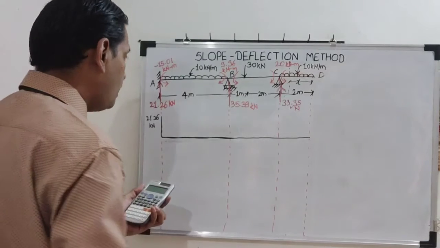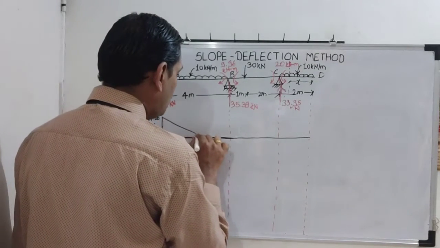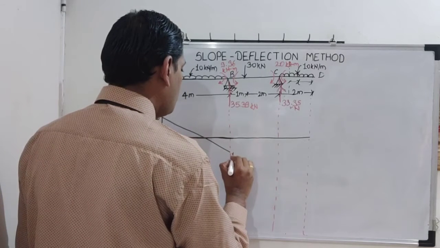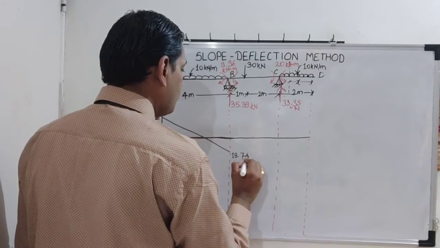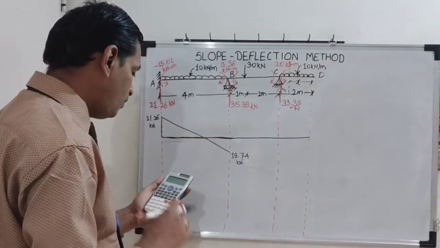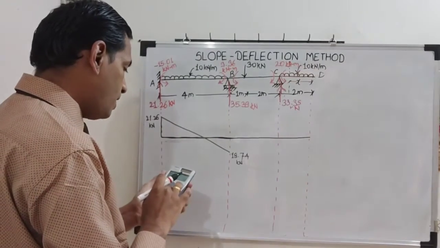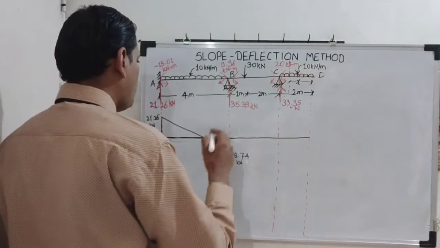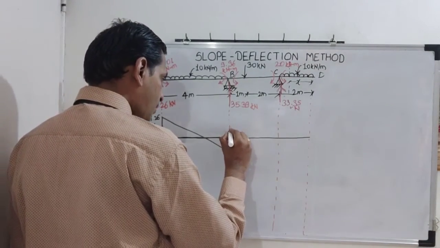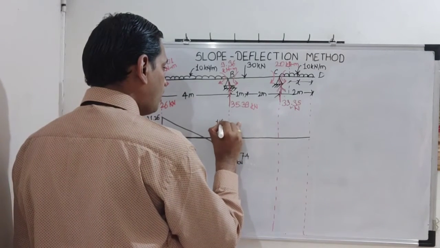So how much is the answer? 18.74 with minus sign. So minus 18.74. Okay. In minus 18.74, add 35.39. So how much will that be? 16.65 with plus sign. 16.65.